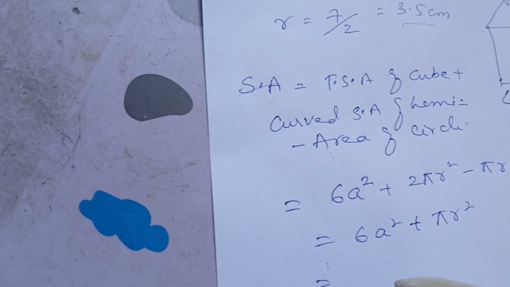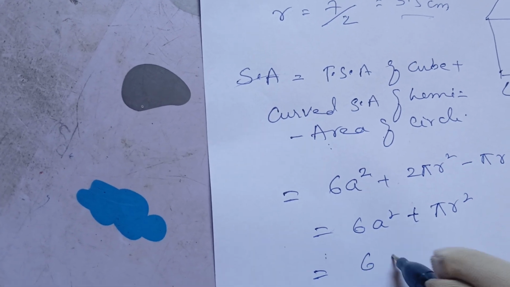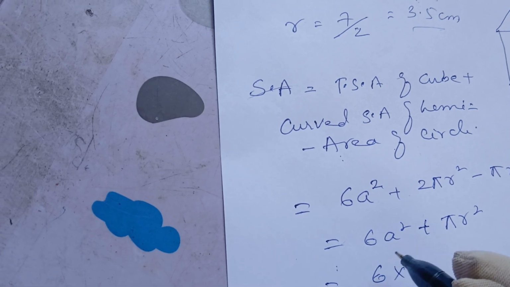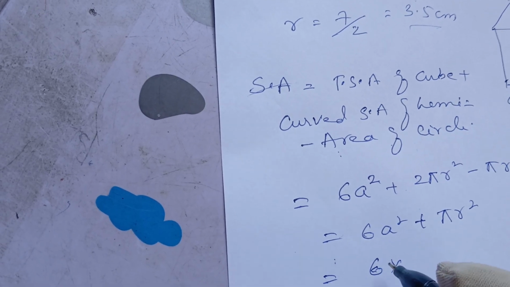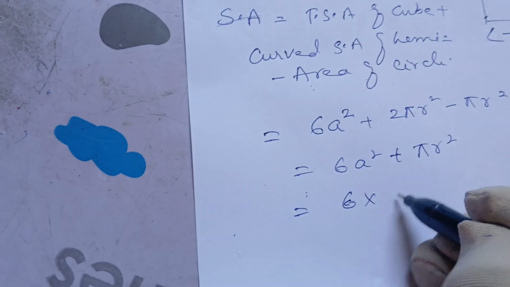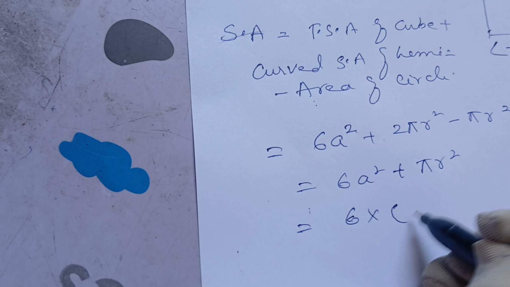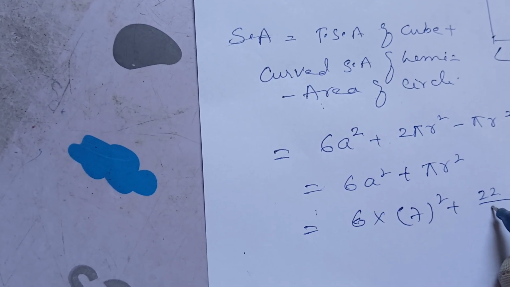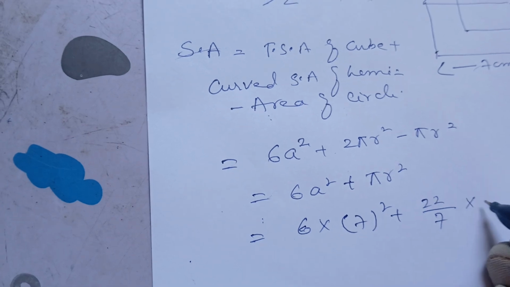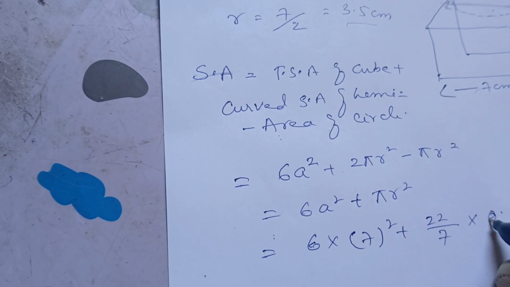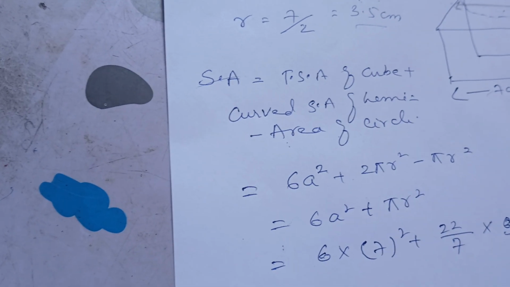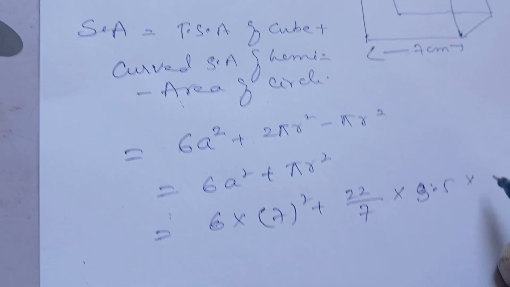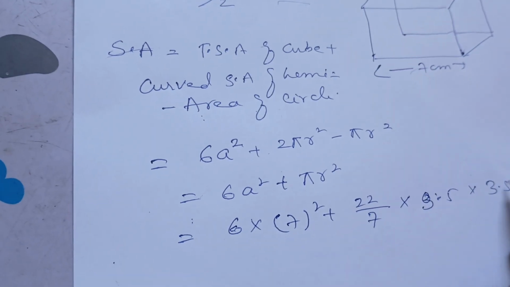Now we directly substitute the values. The diameter is equal to the side of the cube, so the side of the cube is 7. So 6 into 7 square plus 22 by 7 into 3.5, the radius, into 3.5, as it is squared. So I will write 2 times.